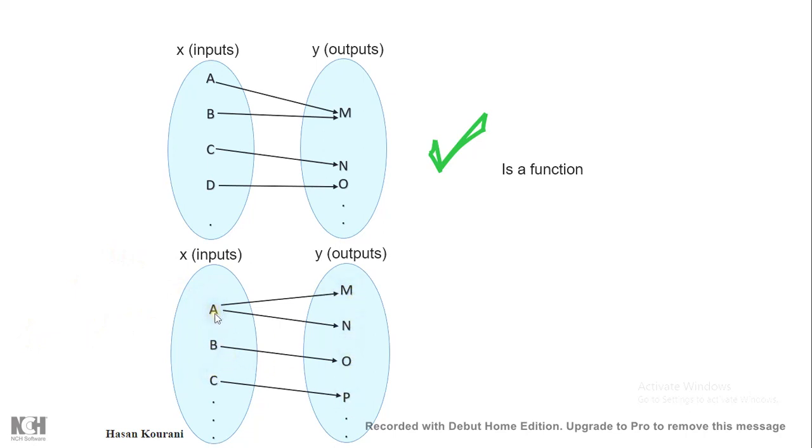But in this case, as you see, a is related to two elements in the second set. So for this reason, we can conclude that this relation is not a function. In fact, it's an ordinary relation, but it's not a function, since we have an element x in the initial set related to two outputs, and this is not allowed in functions.